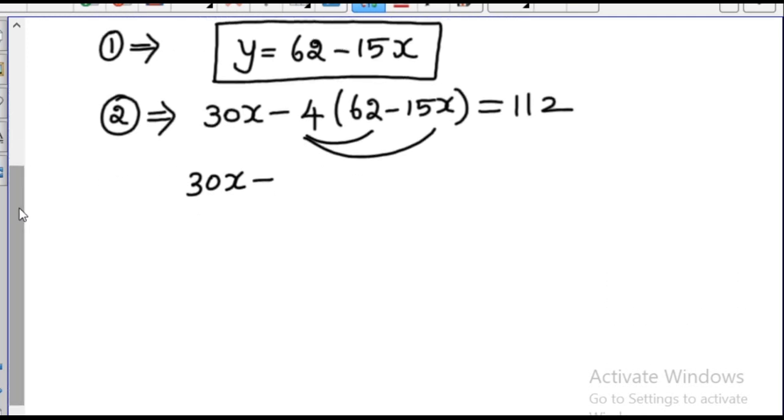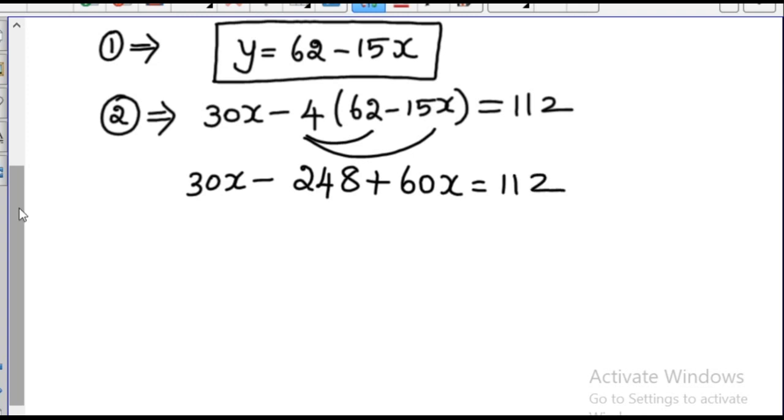So 4 into 62: 4 2s are 8, 4 6s are 24. Then minus 4 into 15. Minus into minus is plus. So 4 into 15 is 60x. That is equal to 112. So what do you get?